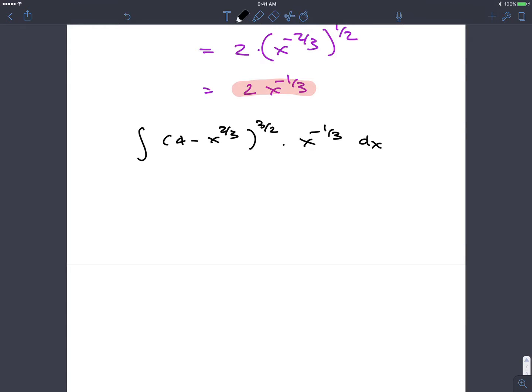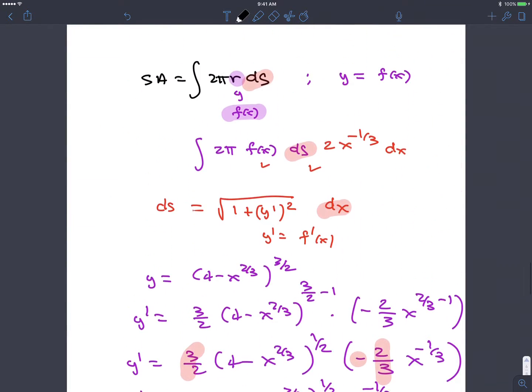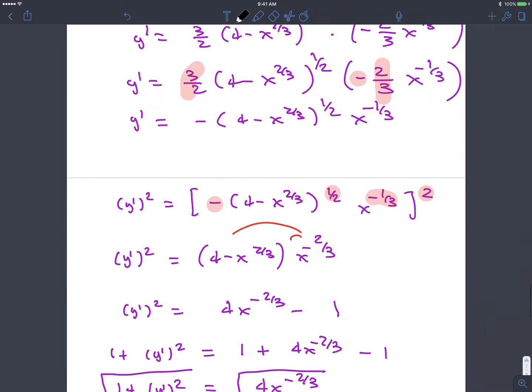And what were the limits on that? Do you guys remember? 0 to 8, and these are in terms of x. Okay, let's double check here. You're right, 0 to 8.